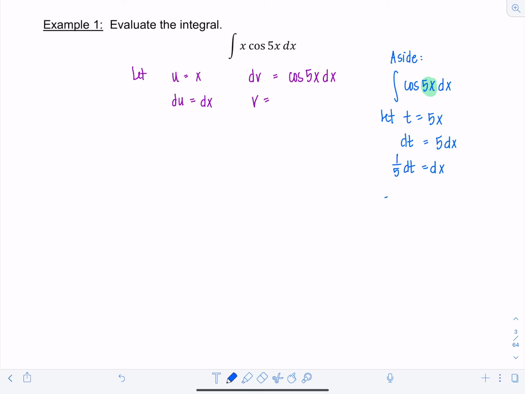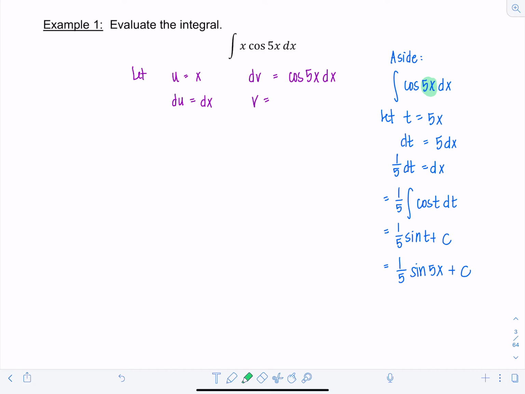All right, so now my integral becomes 1/5 times the antiderivative of cosine of t dt, and then that's just 1/5 sine t plus c. And then remember, go back and replace t with the original variable. So that's going to be 5x plus c.